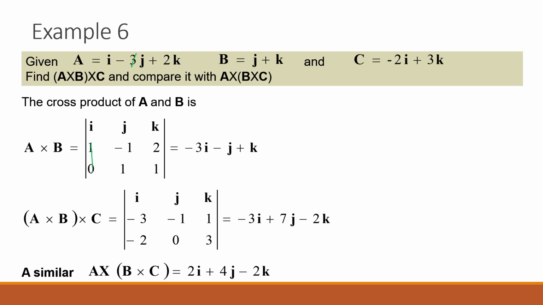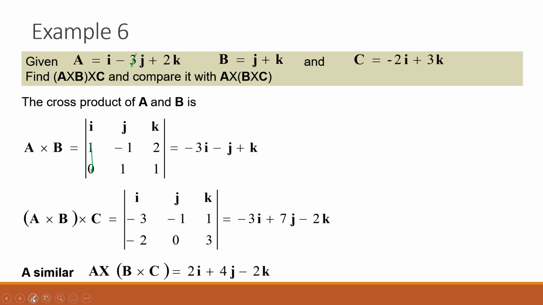Please edit the question: this is i minus j plus 2k. So for component i, negative 1 minus 2 is negative 3i.